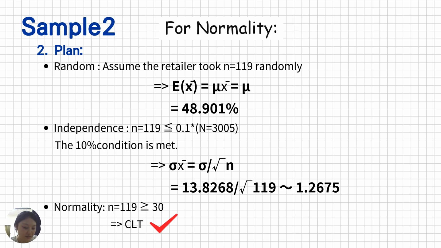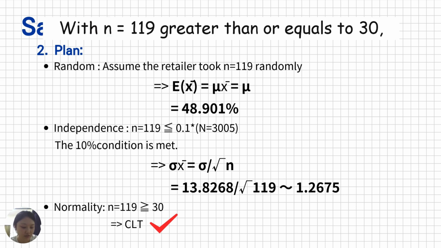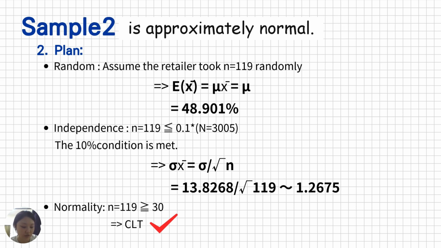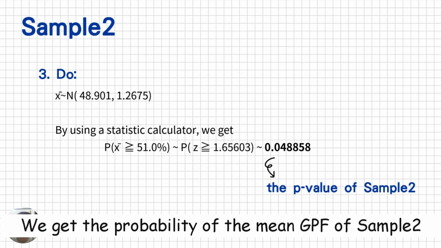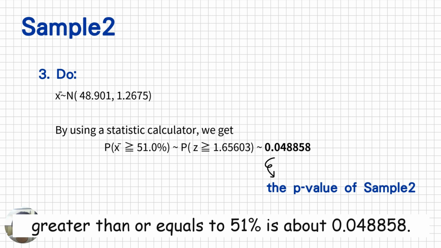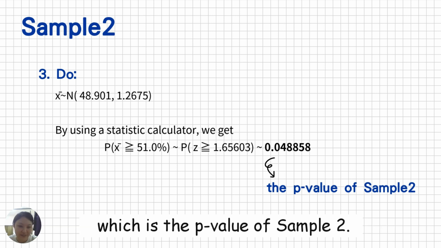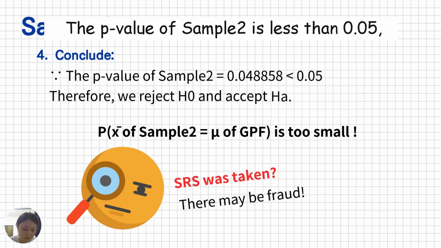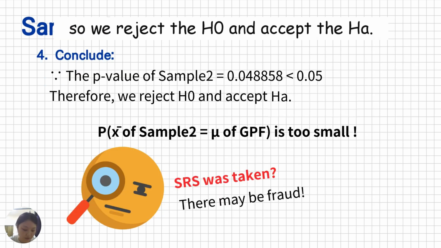For normality, with n equals 119 greater than or equal to 30, the central limit theorem says that the sampling distribution of the sample mean is approximately normal. We get the probability of the mean GPF of sample 2 greater than or equal to 51% is about 0.048858, which is the p-value of sample 2. The p-value of sample 2 is less than 0.05, so we reject the null hypothesis and accept the alternative hypothesis.